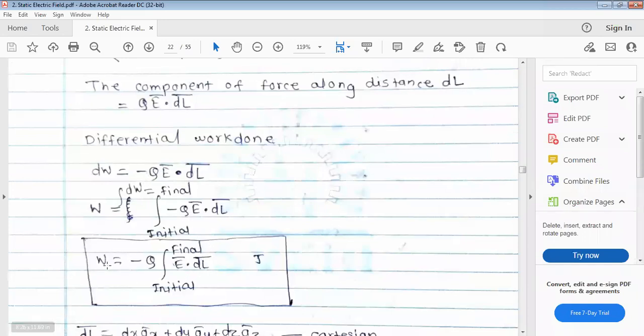So total work done W is equal to minus Q, and this is a constant, that charge is constant. So W is equal to minus Q integration from initial position to final position of E bar dot dl bar, in joules. This work done is measured in joules here.